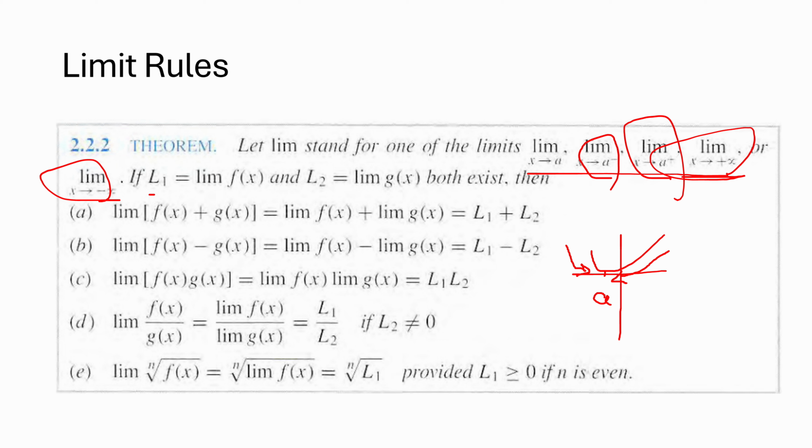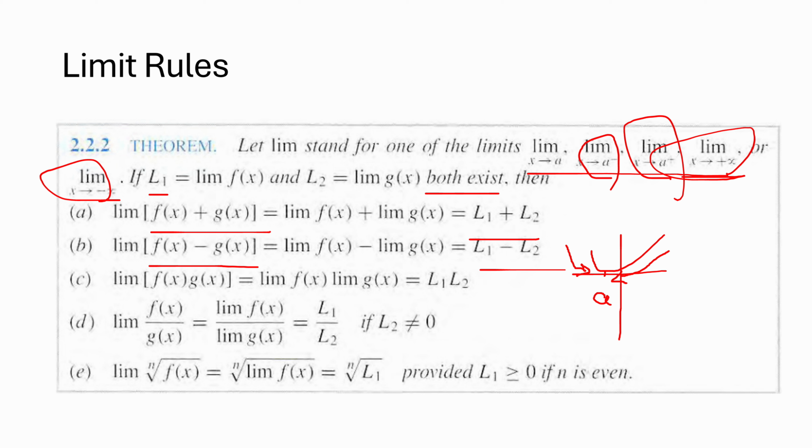So if L1 equals limit of f of x and L2 is limit of g of x and both exist, basically it doesn't diverge, it doesn't oscillate, then the limit of f of x plus g of x equals limit of f of x plus limit of g of x equals L1 plus L2, and it's very similar for f of x minus g of x.